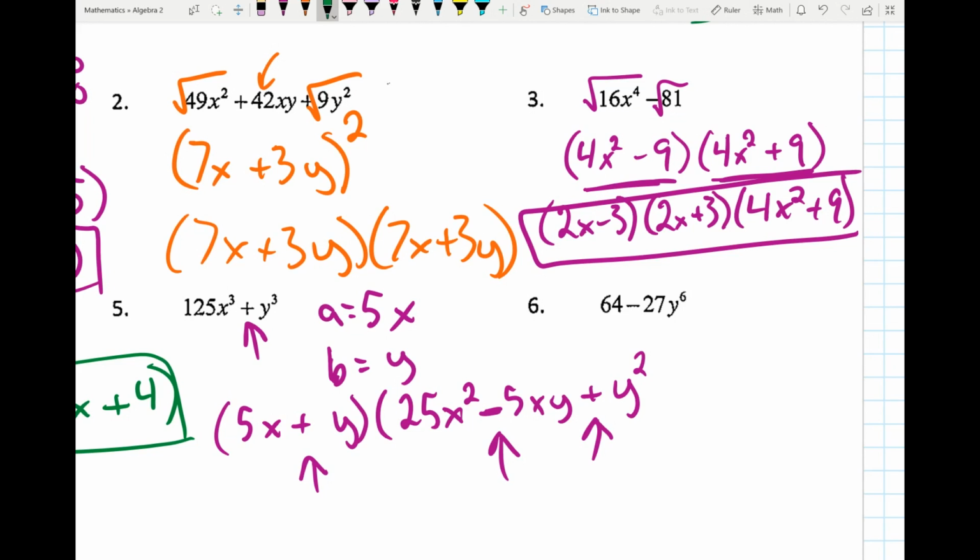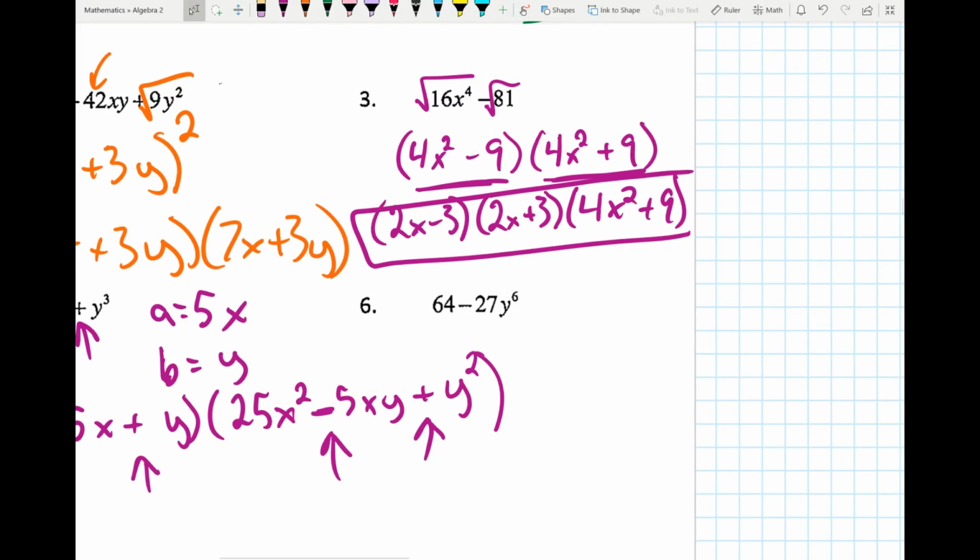I've got one last one for you, and that's number 6. I've really used too much space, but we can cube root each of these, even though it's to the 6th. The cube root of 64 is 4, and the cube root of 27y to the 6th is 3y squared.